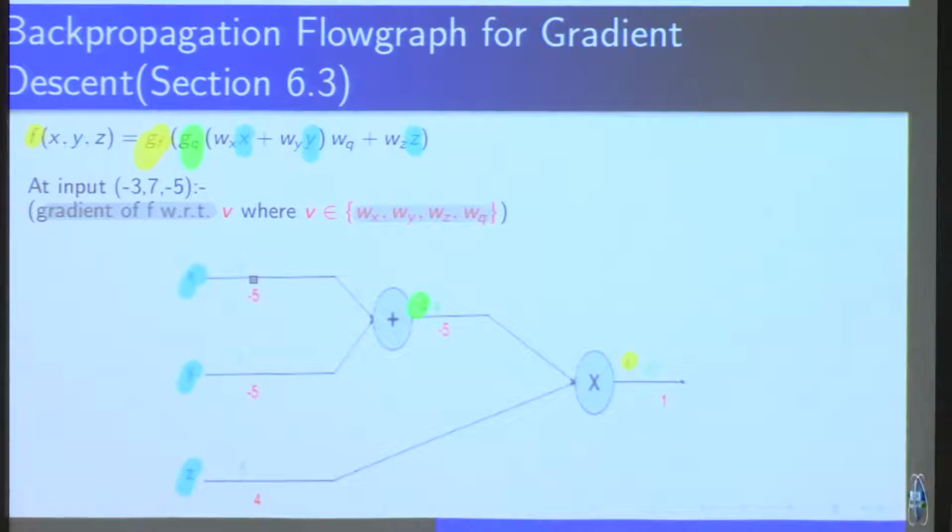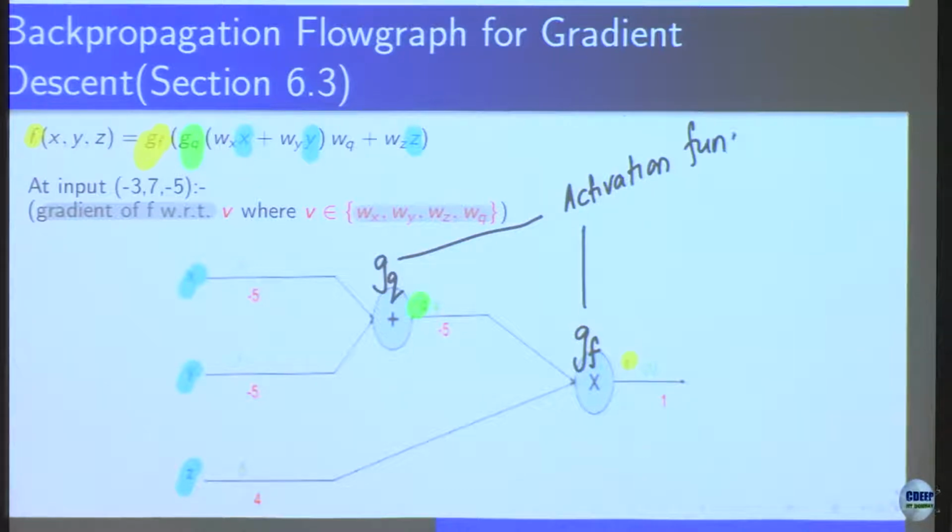G is the activation function sitting here. So think of gf as activation function sitting here, gq as activation function sitting here. So if I want this gradient of f with respect to these weights, what will I have to do? These weights are deeply into gq.